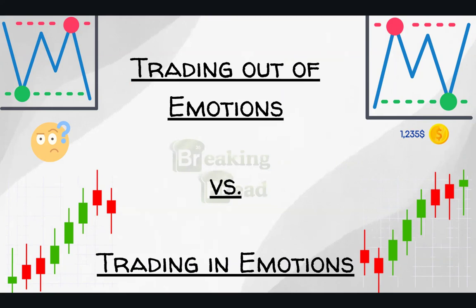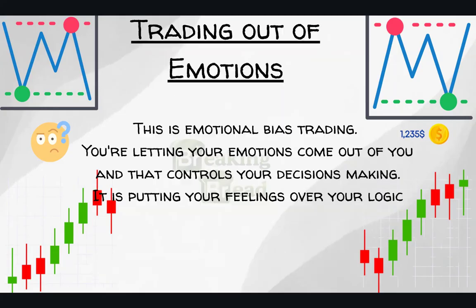Now, I know there are folks out there saying, well, we're human, so how can we not trade with emotions? Well, I feel like there's a difference between trading out of emotions and trading in emotions. Trading out of emotion is your emotional bias of trading. You're letting your emotions come out of you, and that controls your decision making.